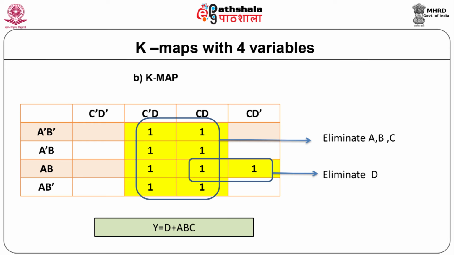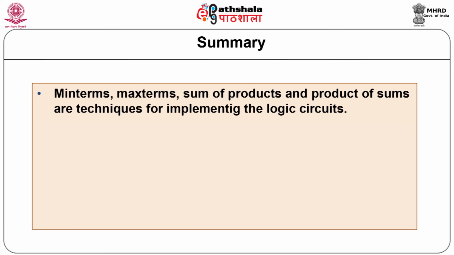So, thus we have shown that Boolean algebra can be used to simplify the logical expressions, but it is a complicated process, whereas K-maps will simplify the total mechanism in a simpler way. Min terms, max terms, sum of products, product of sums are techniques for implementing the logic circuits.